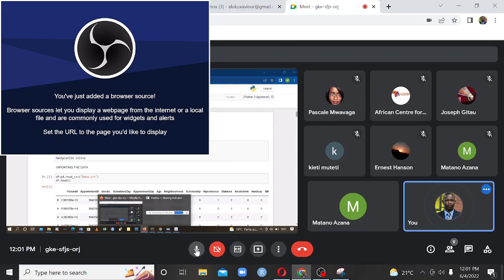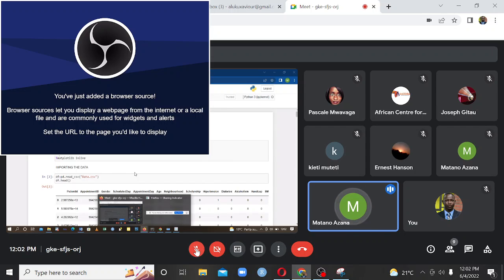Yes. So for the first step, I had to import the libraries that I was going to use to do the data visualization and exploratory data analysis. The libraries, as you can see, are pandas, numpy, matplotlib, and seaborn. The next step was to import my data and save it under the variable df.